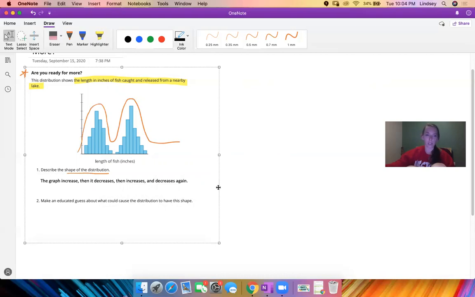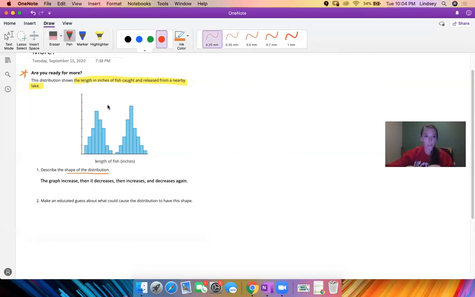Something else I noticed, like what we talked about with our vocabulary earlier, is I have these two very high points of data. If you remember, those are called peaks. And what's that graph called when we have more than one peak?